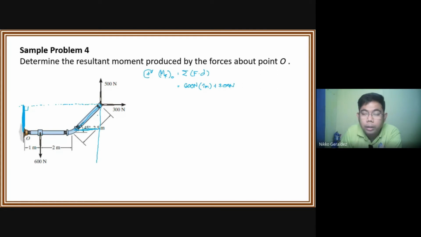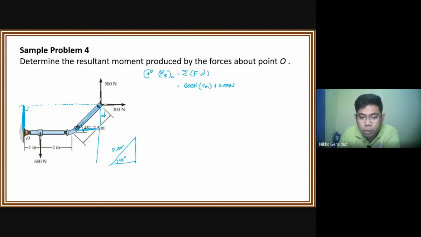Meron tayong right triangle. So, perpendicular distance, itong height na to, tawagin natin siyang D. Isolate natin. That is 45 degrees. Then yung hypotenuse, yung length ng inclined portion ng object, so that is 2.5 meters.